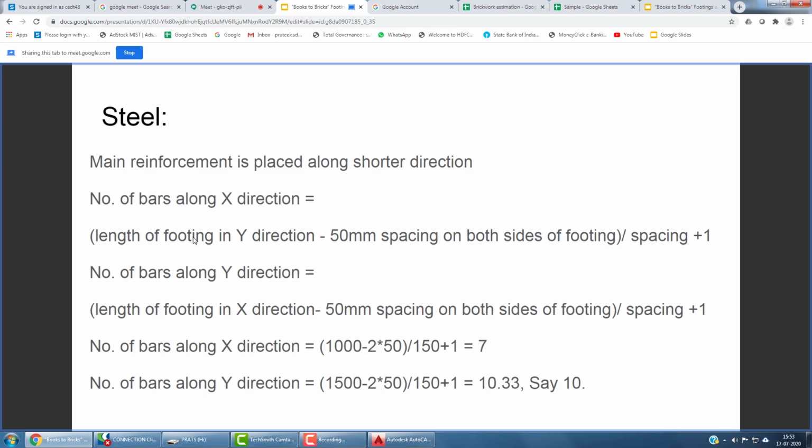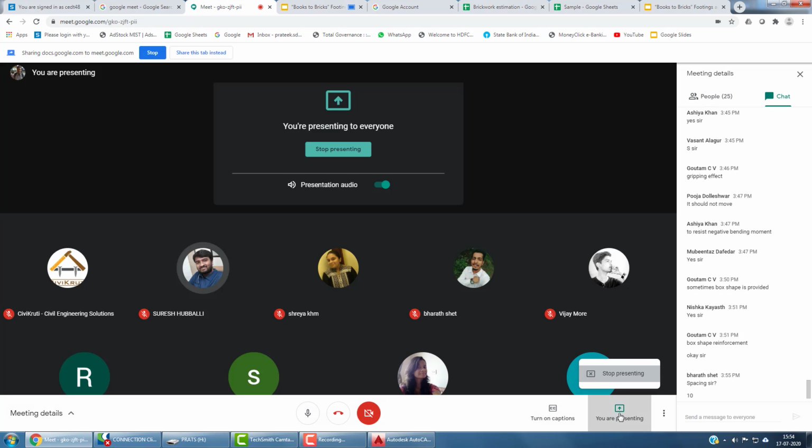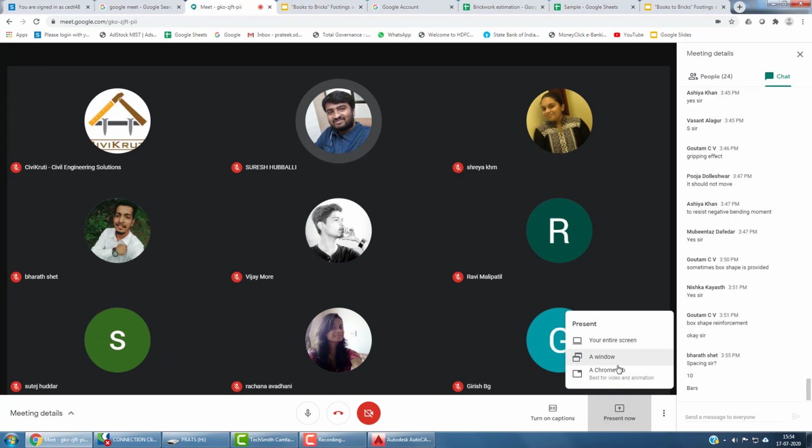Okay, so number of bars in x direction. Number of bars in x direction is decided by which length? It is the length of footing in y direction which decides the number of bars in x direction. Is it clear guys? A little bit of imagination you have to apply, that is why I was showing you the drawing.